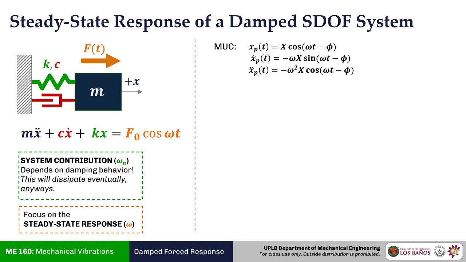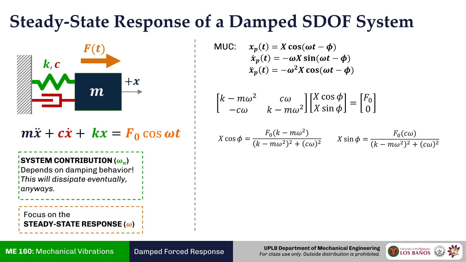Meron ka ring terms that dance to sine omega t. If you group these terms into cosine omega t and sine omega t, you can split the equation into two. So you get a system of linear equations like so. So once you get there, we are able to get expressions for x cosine phi and x sine phi.